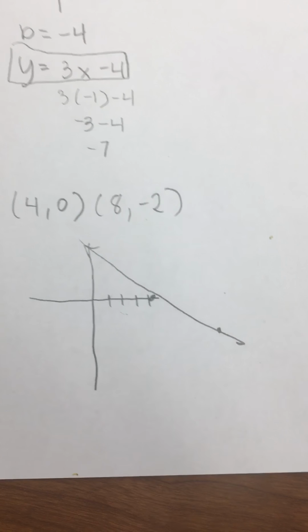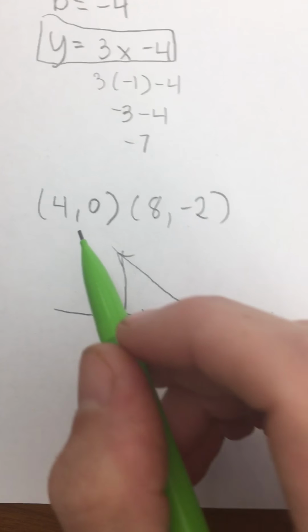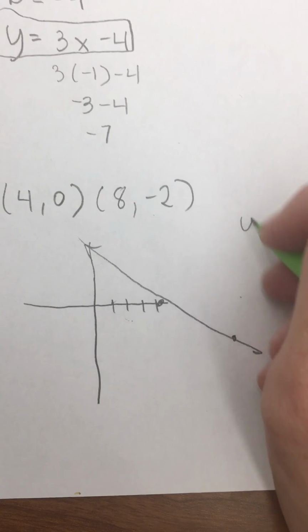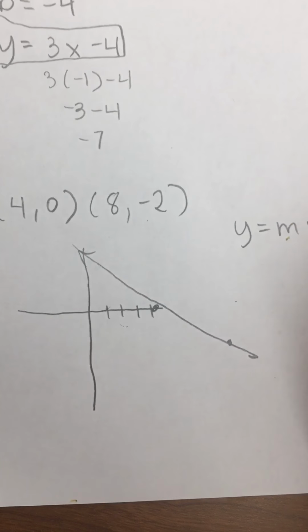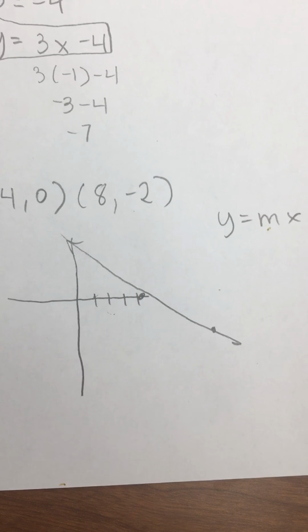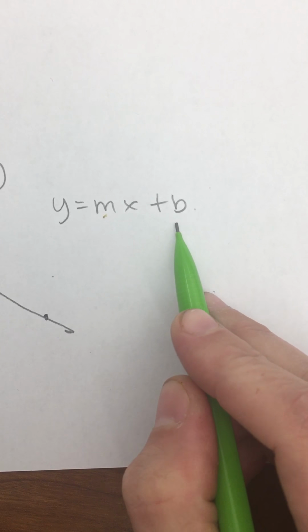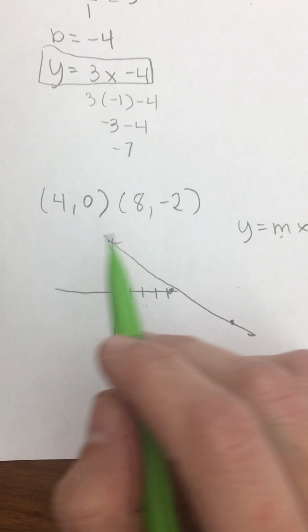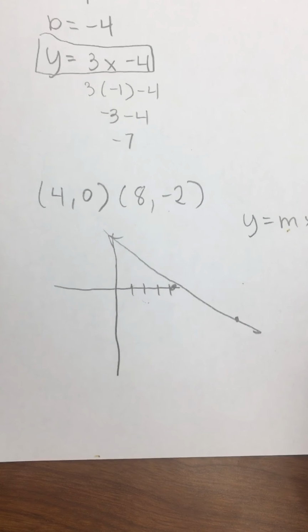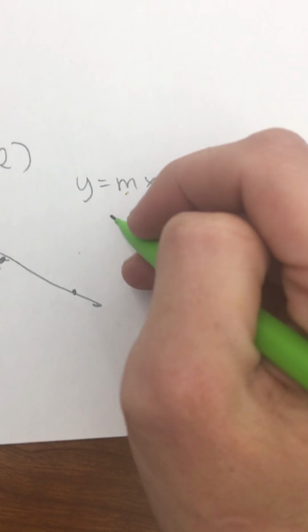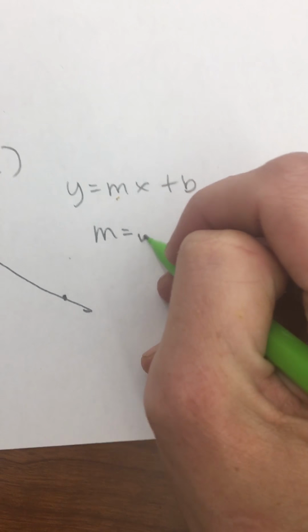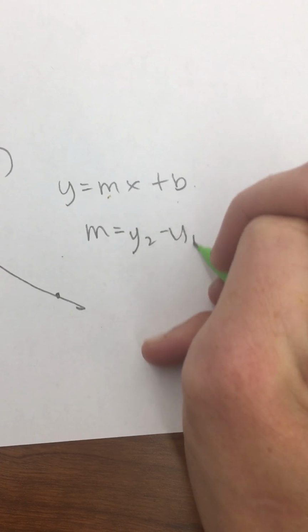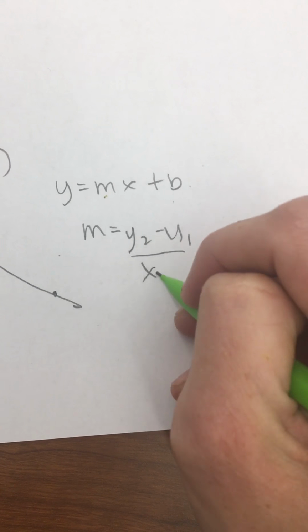Okay, so let's see what's going on. In order to write the equation for a line, I need a slope and I need a y-intercept. I don't have either in this problem, so I'm going to calculate the slope using the formula y2 minus y1 over x2 minus x1.